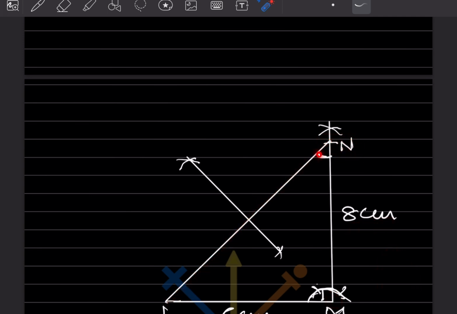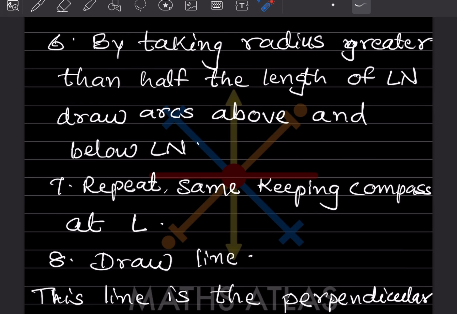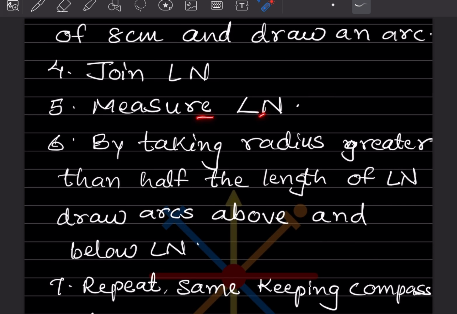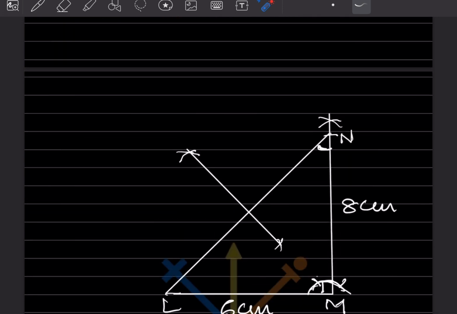And you are going to measure the angle N, as they have asked. So you are going to measure this angle with your protractor, what will be this angle. So measure angle N. Then by taking radius greater than half the length of LN. So now you see here, this is LN. You can measure this distance and take more than half on your compass.